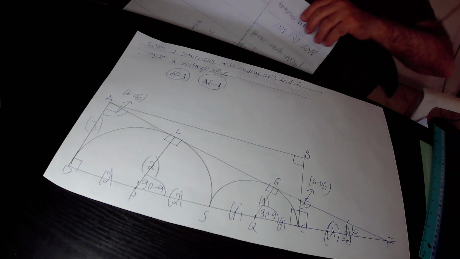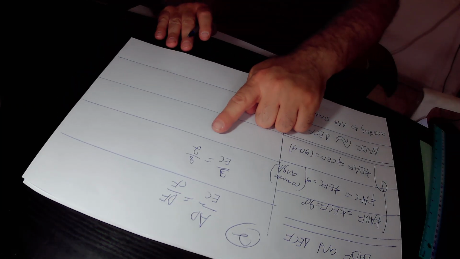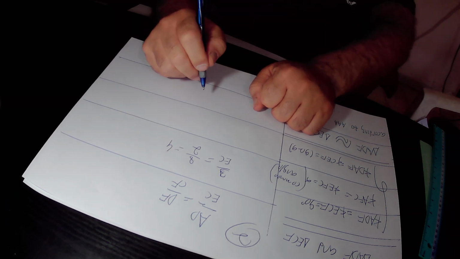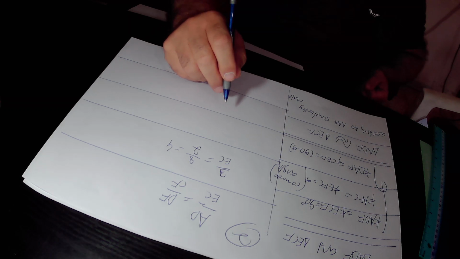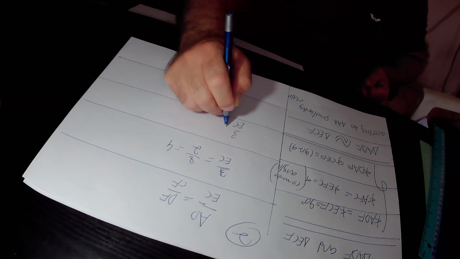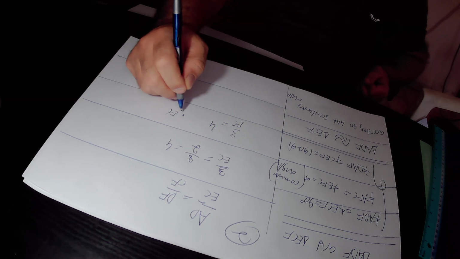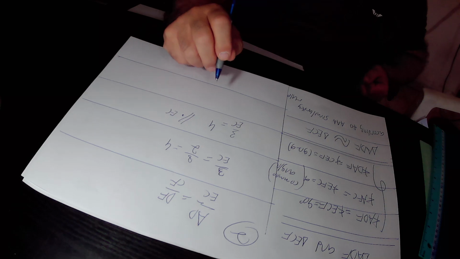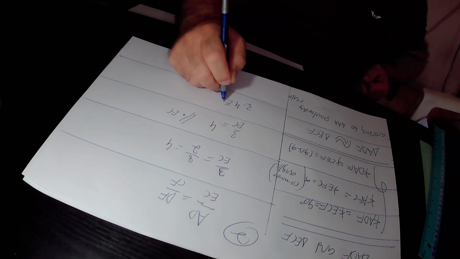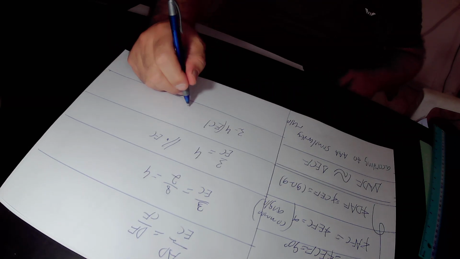So we found that 3 over EC equals 8 over 2. 8 over 2 is 4. Therefore, 3 over EC equals 4. Here we multiply this equation by EC, and we get 3 equals 4 times EC. Here we divide this equation by 4.